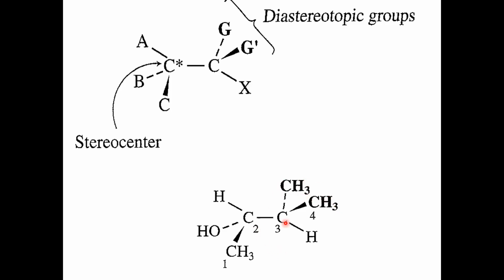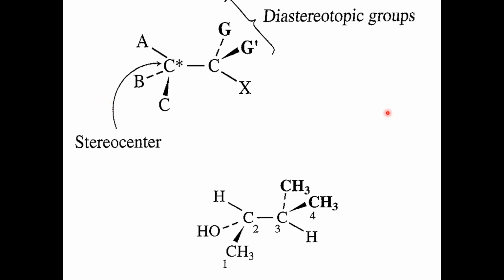The 2 methyl groups on the 3 position are adjacent to carbon 2, which is the chiral center. Therefore, these 2 methyl groups are not equivalent. They have different chemical shifts and different coupling characteristics. This is depicted here. These are the diastereotopic groups, and this is the stereo center.